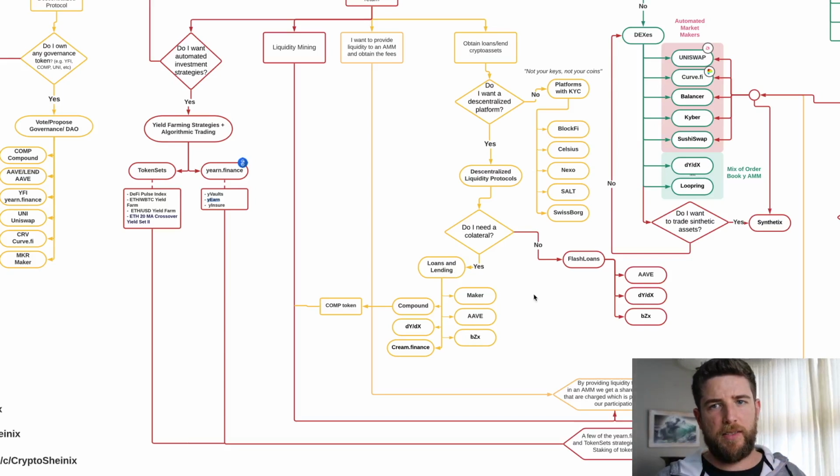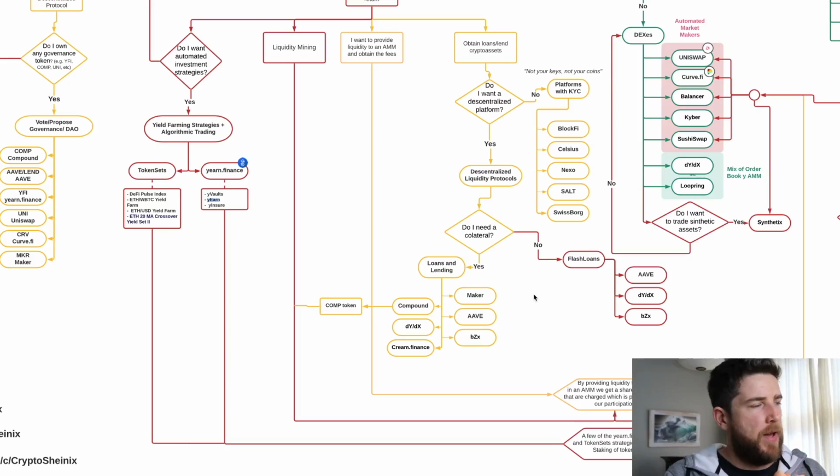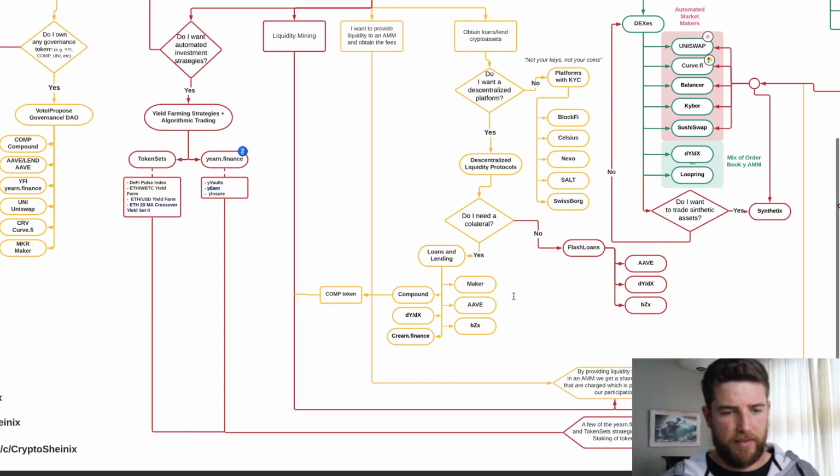This platform has dynamic returns on investment based on the utilization ratio of those pools and the prices of the cryptocurrencies. So it's not like you have a fixed percentage of return on the specific money markets on Aave, Compound, dYdX, and yEarn does that automatically.